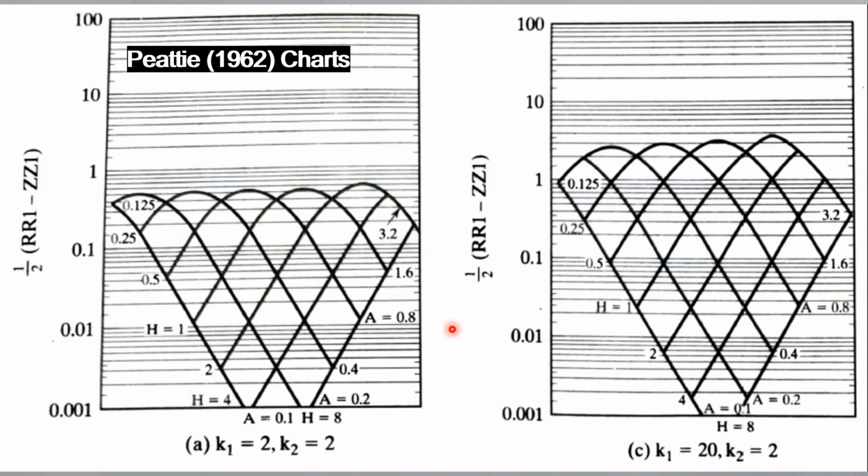This is just one example of the chart where you have different values of K1, K2 and A and H, and you can get on the y-axis RR1 minus ZZ1 upon 2. And using these charts, you can find out the same values of stress and strain as we have done using the values given in Jones table.